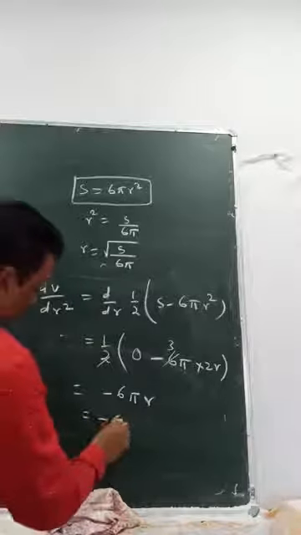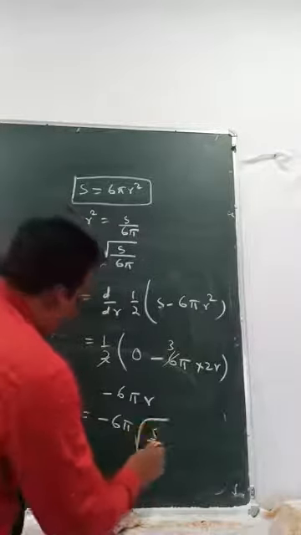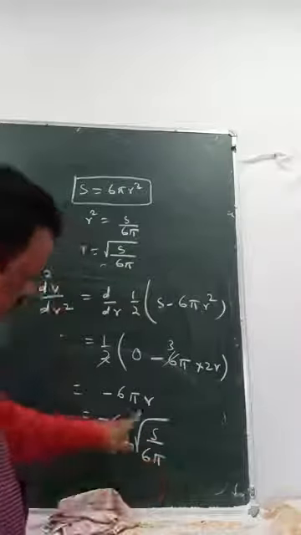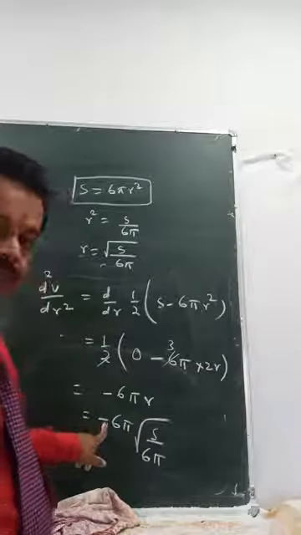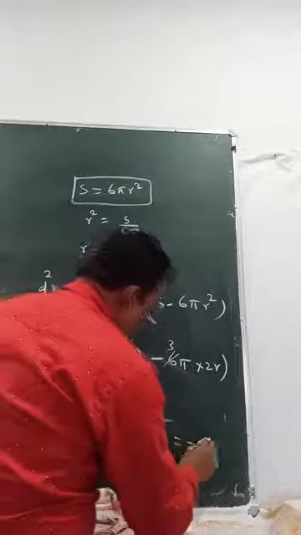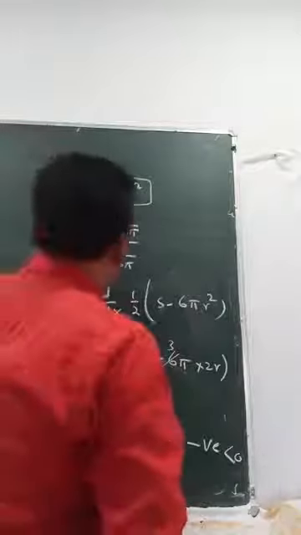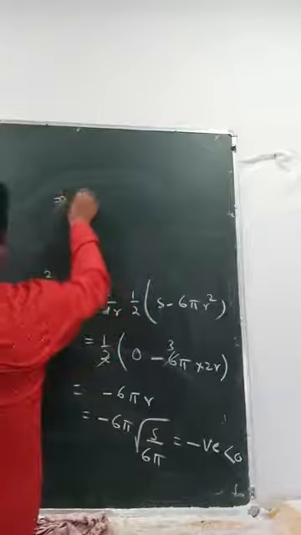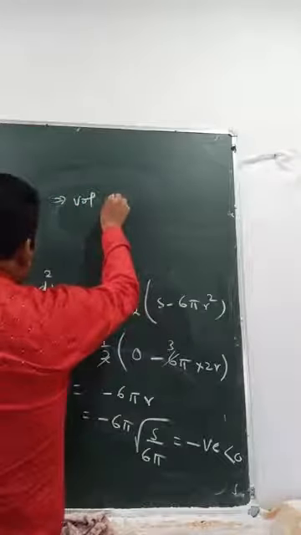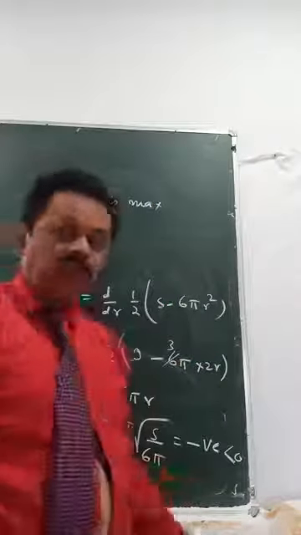So minus 6 pi times the value of r, S by 6 pi. Everything is constant, meaning a certain value, and the sign is negative. So the value is negative, less than 0. So the second derivative is negative, which implies volume is maximum.